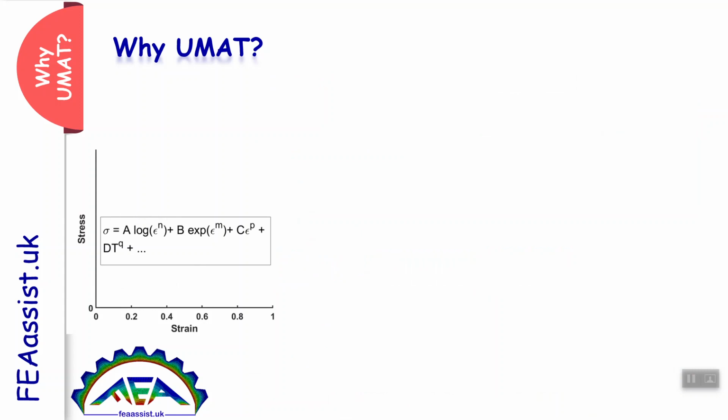So what can you do? Then you need a place to write this equation or your equations and define for Abaqus that it obeys this behavior to solve my problem. This is the reason we need UMAT, because our equation is new.